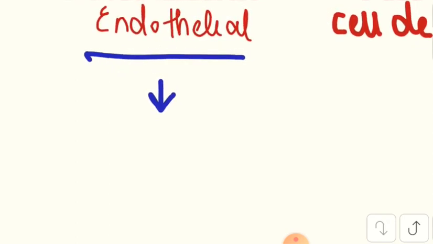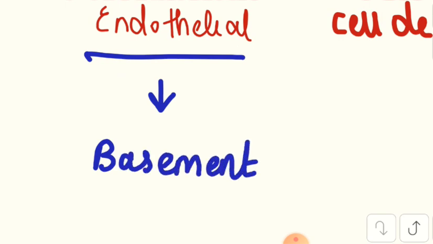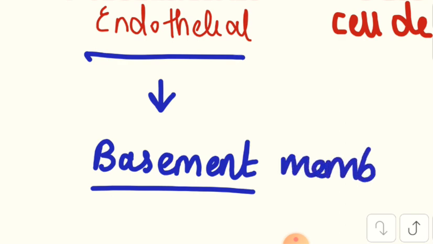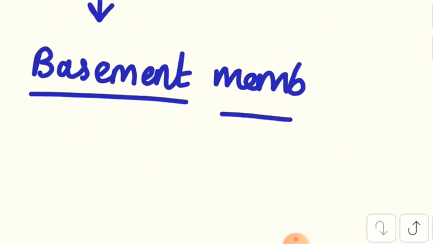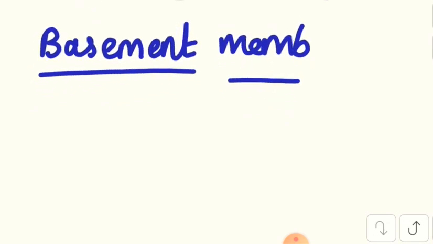Whenever the endothelial cells are destroyed, what is exposed is the basement membrane. Exposure of the basement membrane to the outside environment leads to activation of the coagulation pathway.